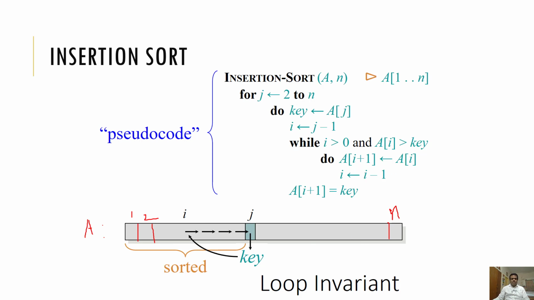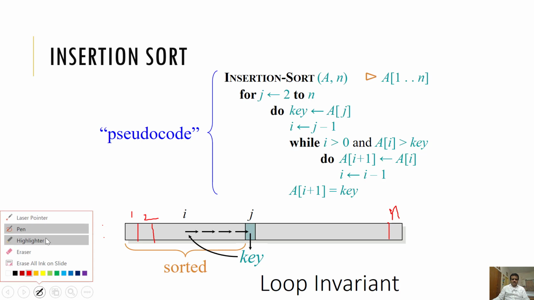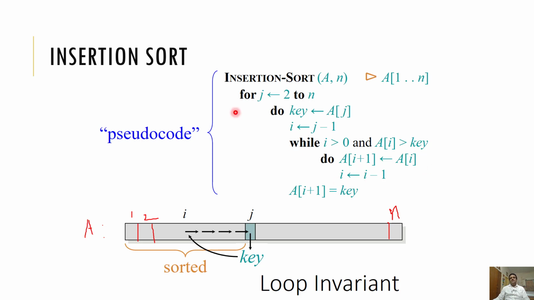So, what we are doing in the code, we have an outer for loop in j. j is the index which is starting from 2 to n, and in this jth loop, the loop invariant we want is that before wherever j is pointing, the array should be sorted up to there.